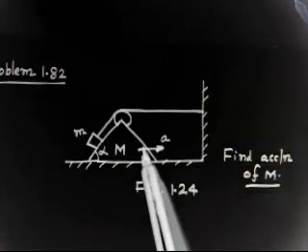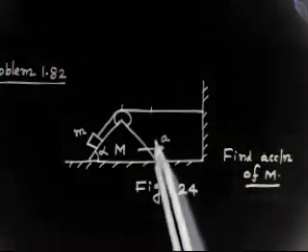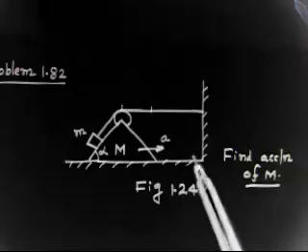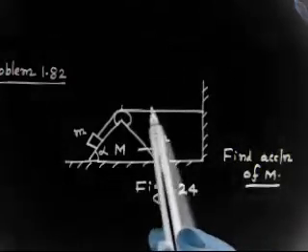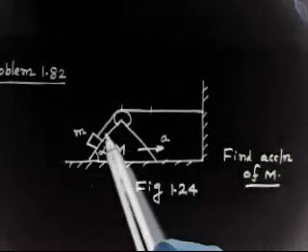Let us say if this goes by distance x, so this x length of the string will be free. This length x is now available on this surface, the inclined surface.